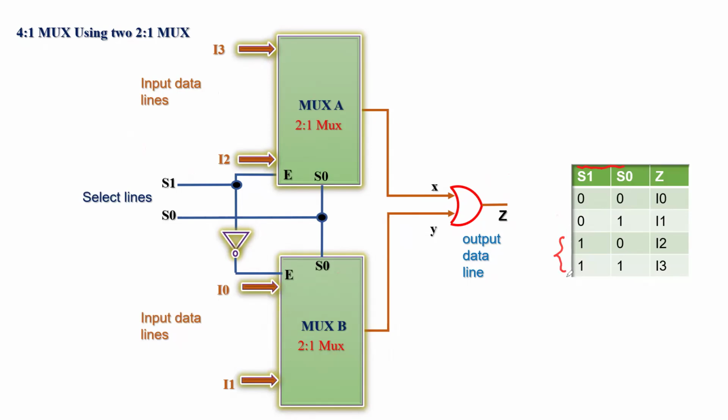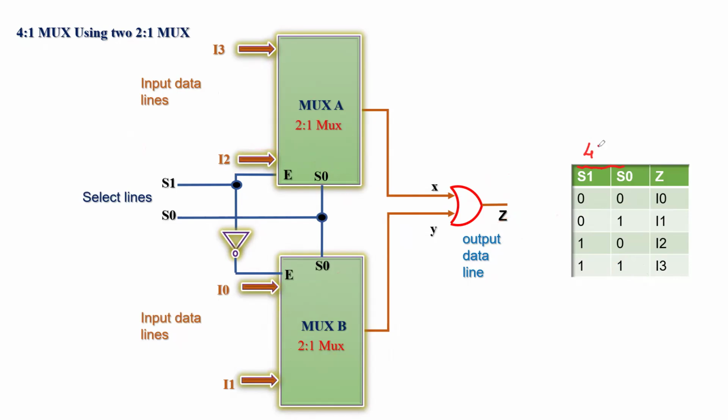Now, the final two combinations where S1 is 1, that enable pin receives 1, this chip is turned on, this chip is turned off, and we are talking about this chip, so I2 or I3 are ready to be transferred to the X and then to the Z, depends on what you have at the S0. So when S1 is 1 and S0 is 0, I2 gets transferred to the Z. And when S0 is 1, I3 gets transferred to the Z.